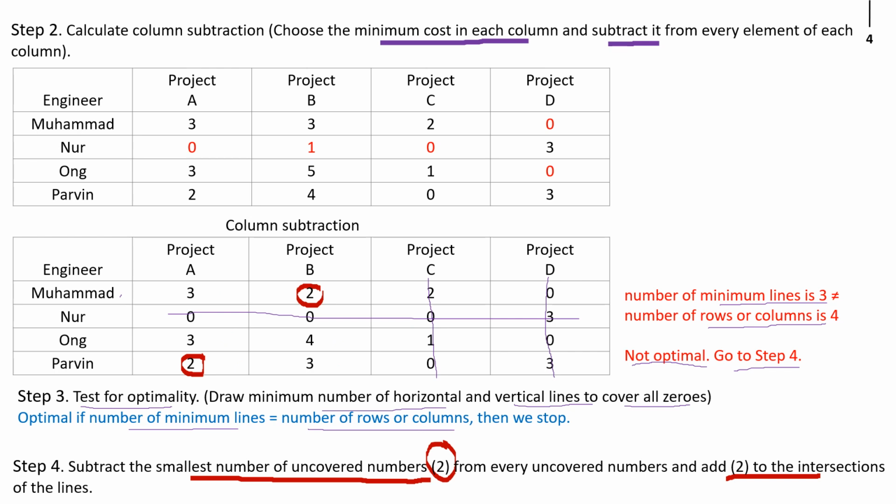Then the value of 2 will be subtracted from the other uncovered values: 2 minus 3, 2 minus 3, 2 minus 2, 2 minus 2, 2 minus 4, and 2 minus 3. And also add the value of 2 to the intersections of the lines. The intersections of the lines are 0 and 3. So 2 should be added to the 0 and 3.